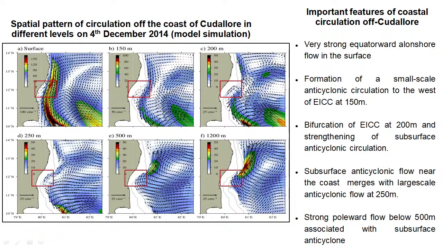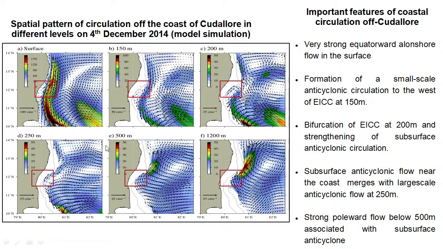At 200 meter you can see another anticyclonic gyre far away from the coast also. But by 250 meter both these started coming together, and then by 500 meter we can see only one large anticyclonic gyre, what we see in the observation and model, sorry.